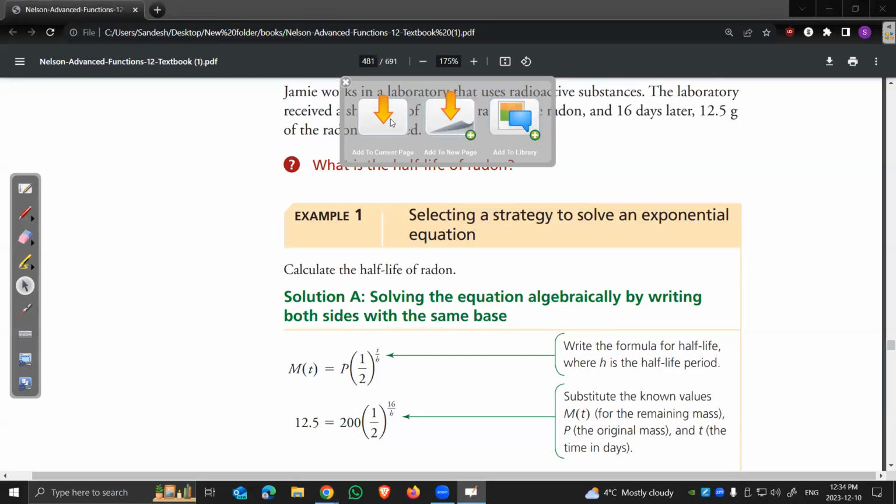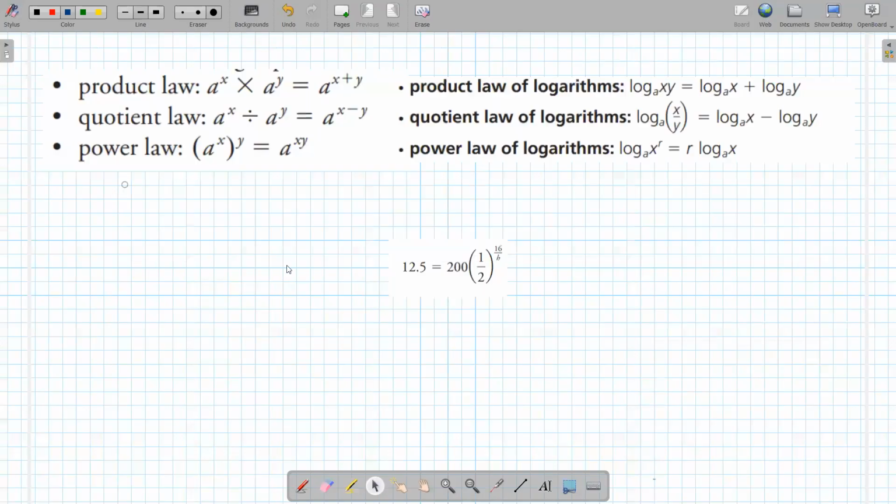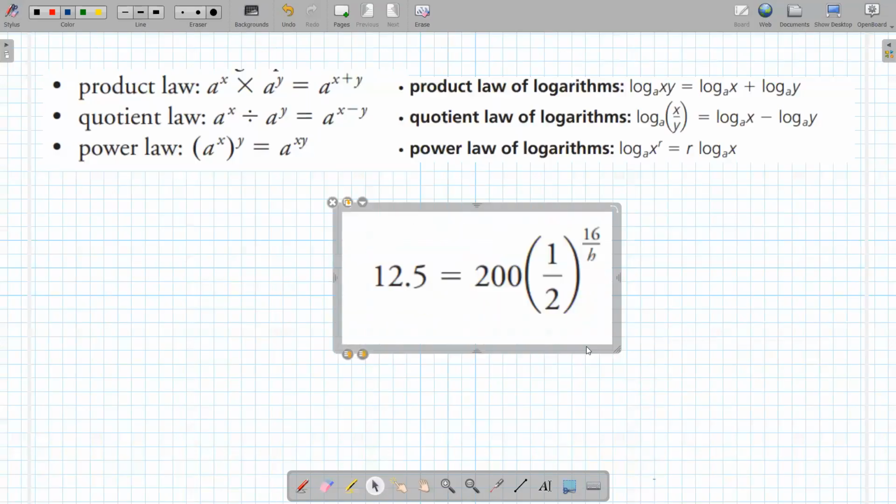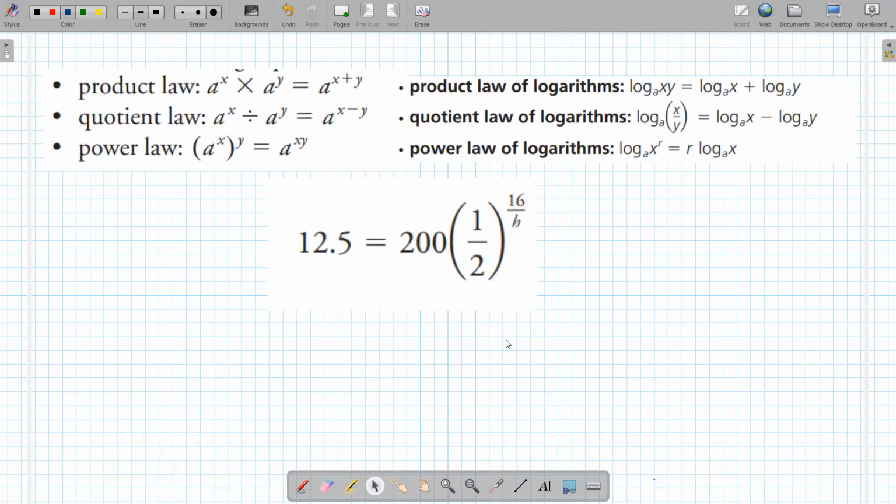Let's go to solving equations. So this is a half-life equation. Because there's the 1/2 there, it's usually a half-life equation. What do we do? How do we solve this for h?